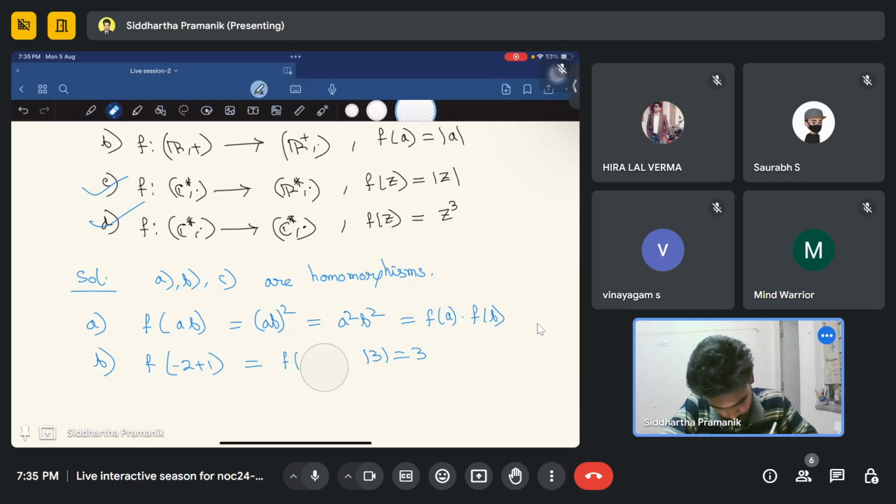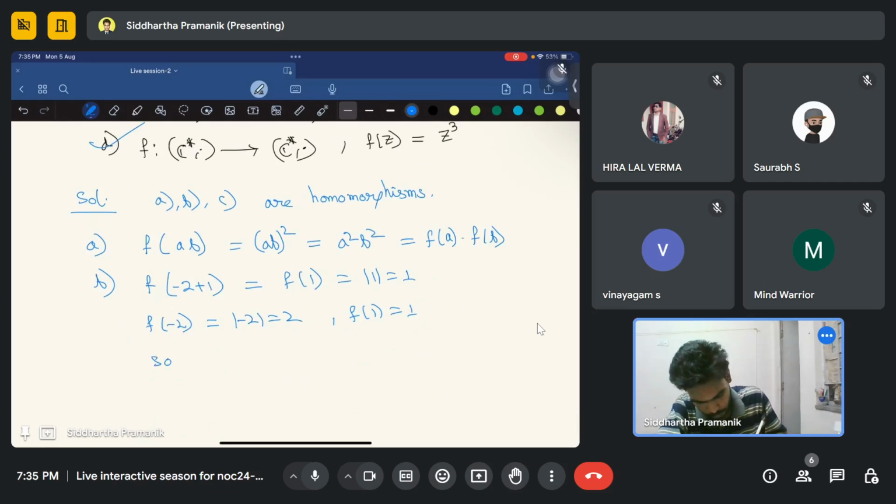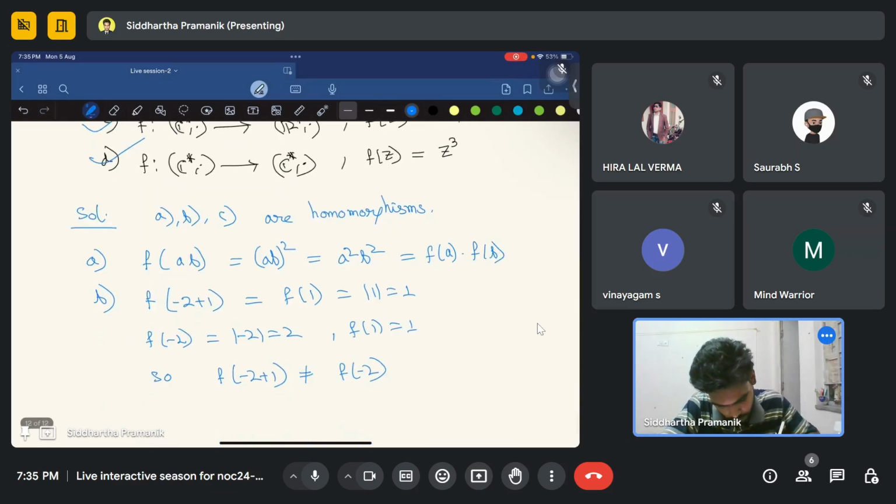So f of 1 is mod of 1 equals 1. But f of minus 2 is equal to 2 and f of 1 equals 1. So f of minus 2 plus 1 is not equal to f of minus 2 times f of 1. So it is not a homomorphism.